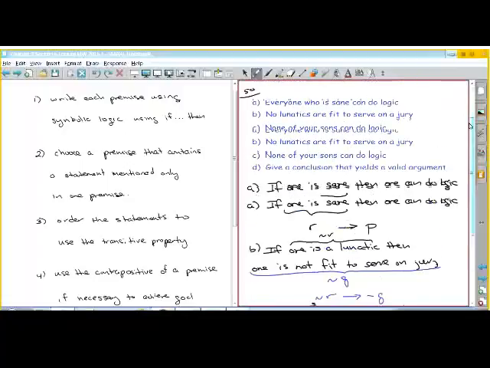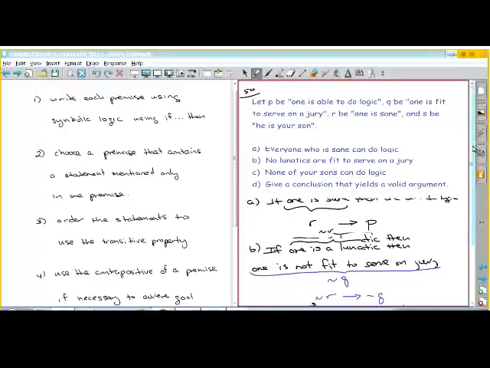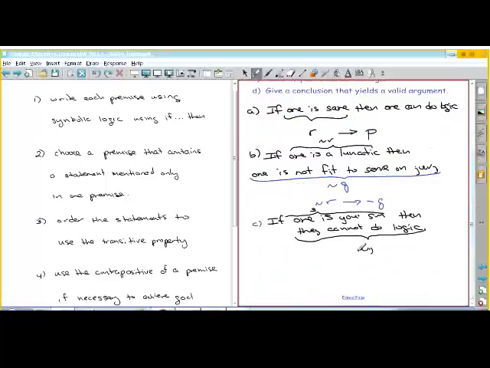So if one is not able to do logic, then that would be the negation of P. So that's the negation of P. So again, we can rewrite this as an if-then statement, which would be if S, then the negation of P. So those are the three logic statements. This one, and that one.